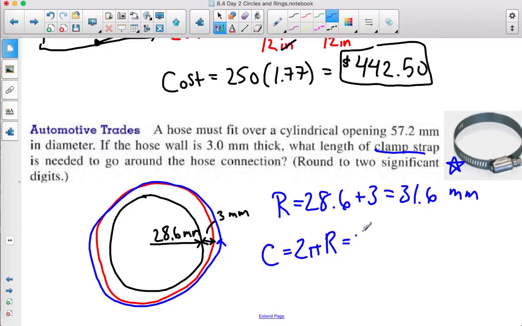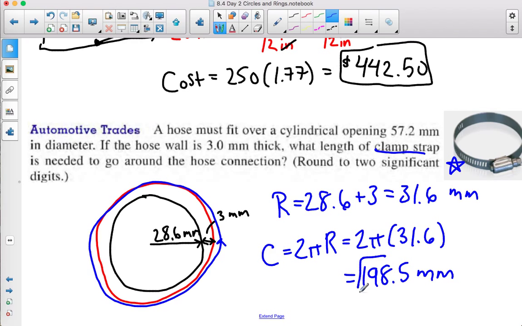So this will be 2 pi times 31.6. 2 times pi times 31.6 tells me that strap needs to be 198.5 millimeters long in order for me to be able to fit it around that hose. Okay, that's used a ton in automotives.